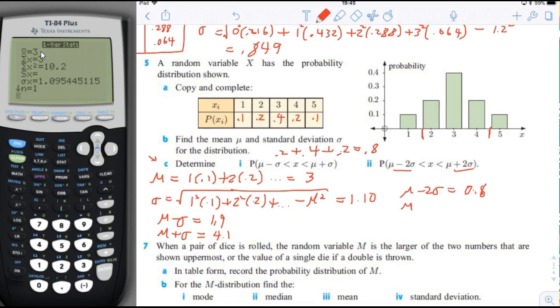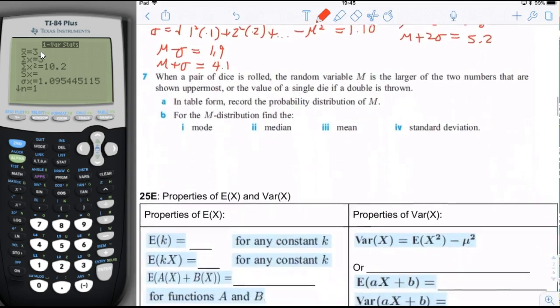And mu plus 2 sigma is equal to 3 plus 2.2, which is 5.2. So for this one, we're talking about between here and here. So that's the whole thing. So the probability of that happening is 1, because it includes all the green bars, which add up to 1. Okay? Let's go to 7.